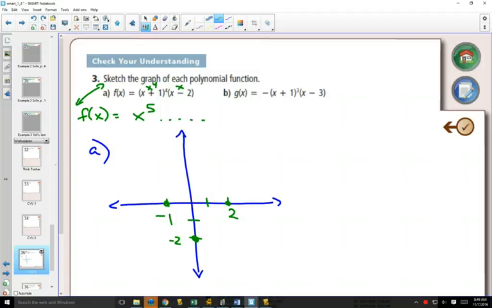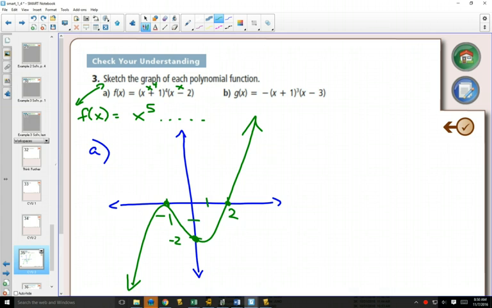Of our factors, which ones are bounces? -1 will be a bounce, and what will happen at 2? Will it bend? It just goes straight through. So we know we have to start down here. This one is a bounce, and this one is a straight through, and this would be a sketch of our graph.